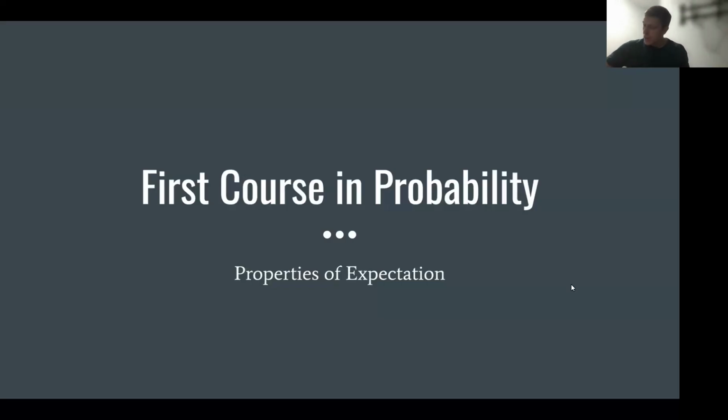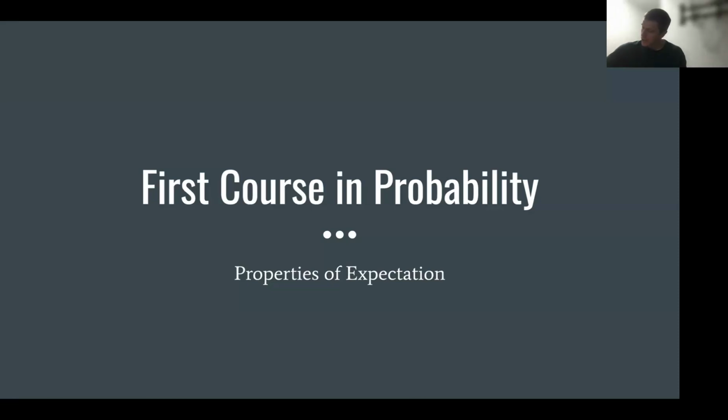Okay, so the last thing we're going to talk about in this section on expectation are properties. Properties of expectation. So we're going to be calculating a lot of expectations.